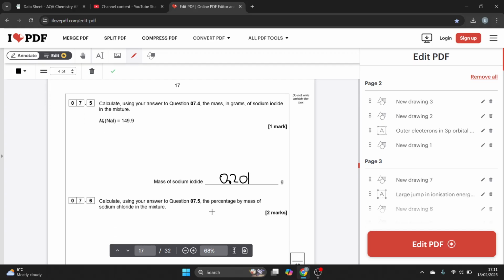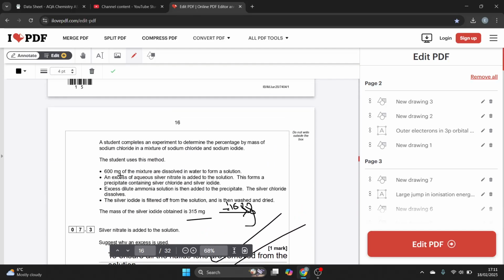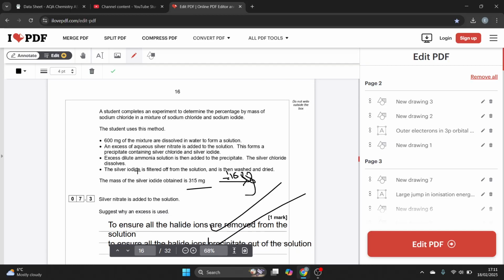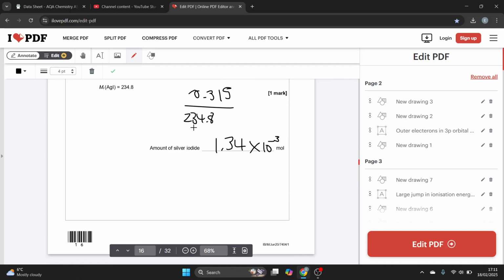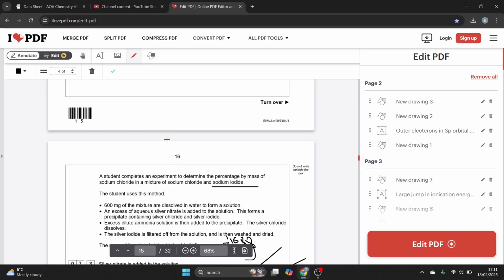Then it says, calculate, using the answer to question 7.5, the percentage by mass of sodium chloride in the mixture. Well, the experiment is to determine the percentage by mass of sodium chloride in a mixture of sodium chloride and sodium iodide. 600 milligrams of this. Now I've got the mass of sodium iodide, and I know the total mass of the mixture.